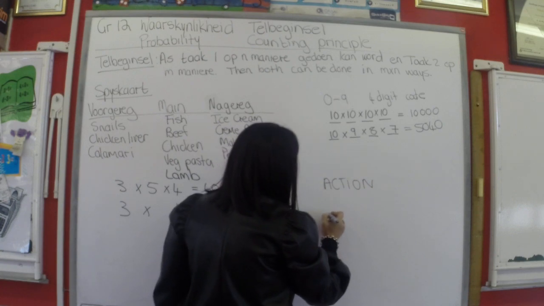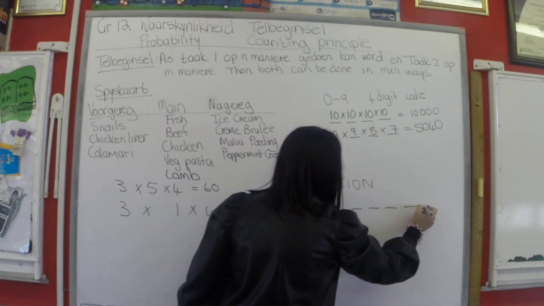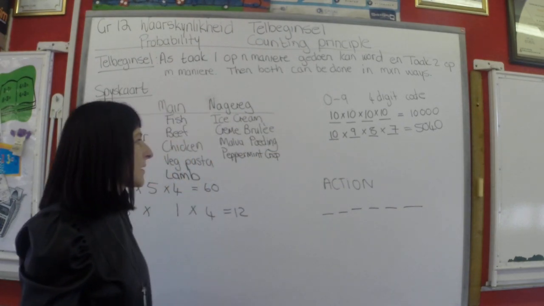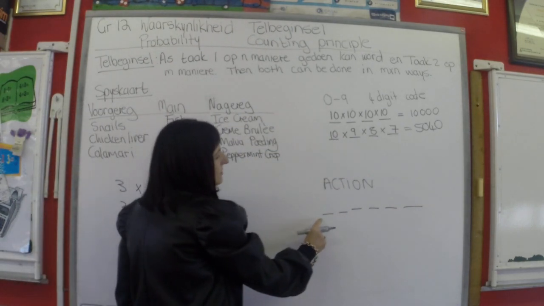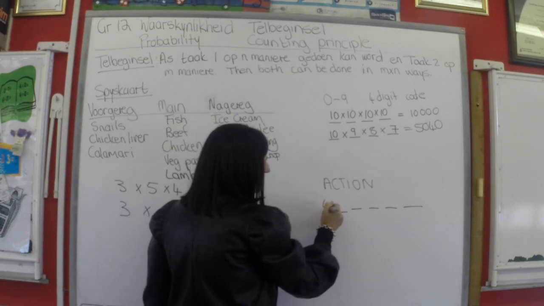So met ander woorde, ek wil 1, 2, daar is ons 1, 2, 3, 4, 5, 6 moontlikhede. Okay, so in the first possibility, there's 6 that I can use.